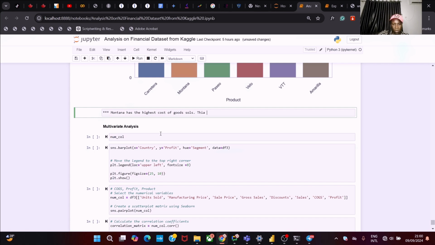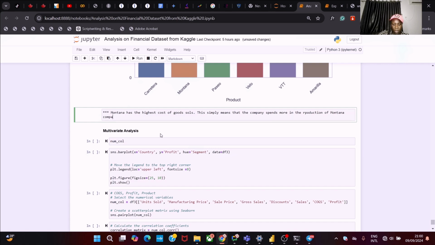This simply means that the company pays more in the production of Montana compared to other products.